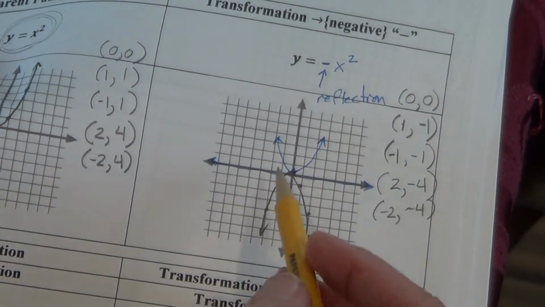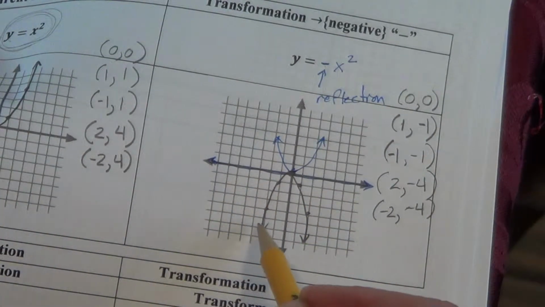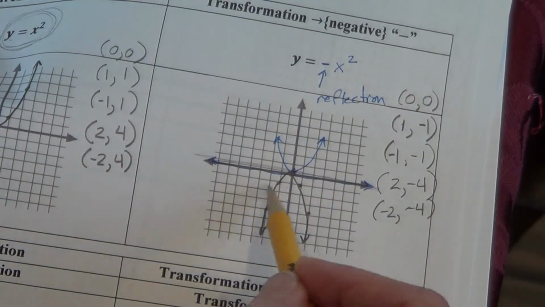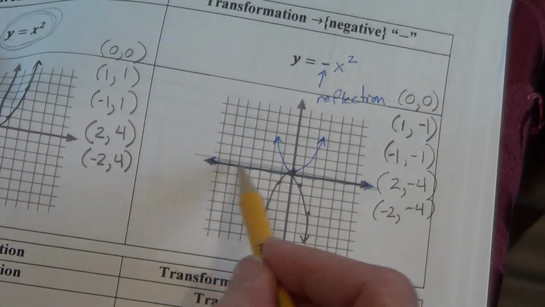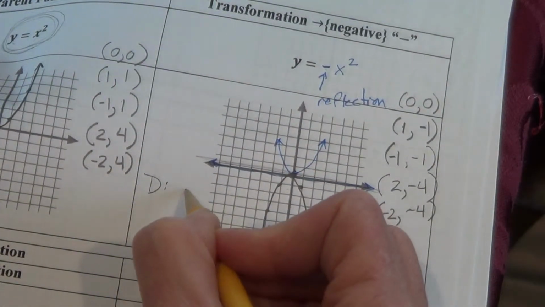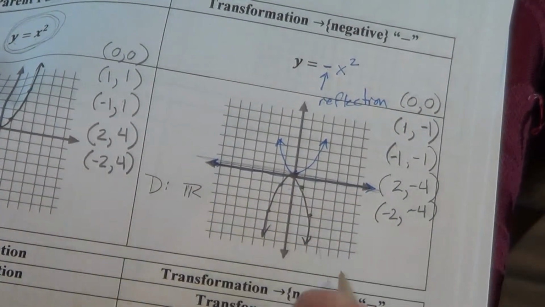Domain and range is saying, what are my limitations on my x and y values? Well, my x value, that's going this way across the graph. As this U spreads out, there's no restriction on the domain, on the x values. X is going to be all real numbers because it can be anywhere along there.